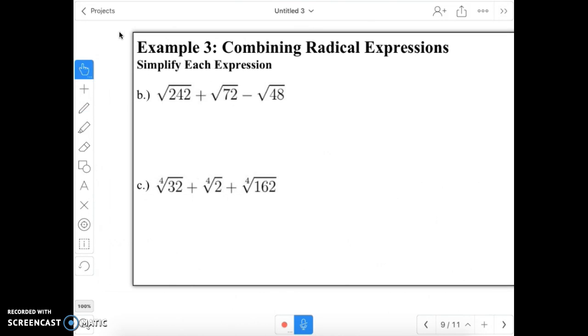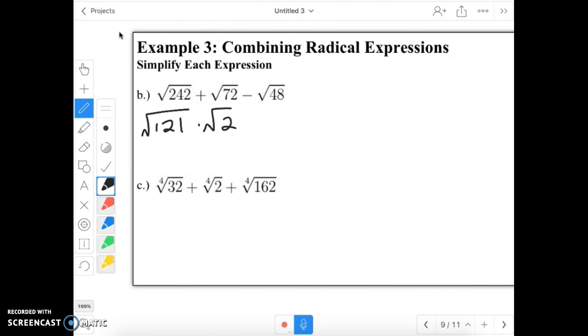Moving along here. So this first one, if I divided by 2, that would give me square root of 121 times square root 2 plus that second piece I can break down into square root of 9 times square root of 8, which I know is square root of 4 times square root of 2, minus, again, 48 is 8 times 6.